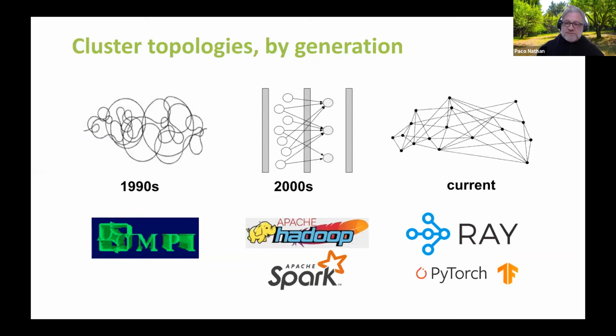And instead of this kind of haphazard message passing spaghetti of MPI, we had phases, and we could do different kinds of processing across a cluster that were synchronized in phases: map, shuffle, reduce, things like that, managing the width of aggregations in Spark.